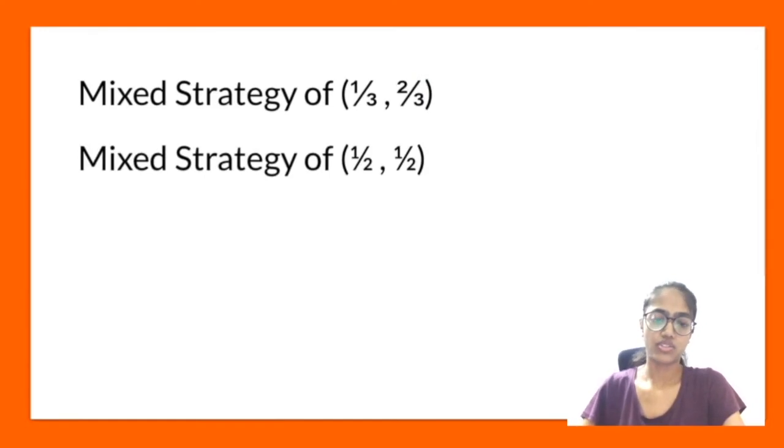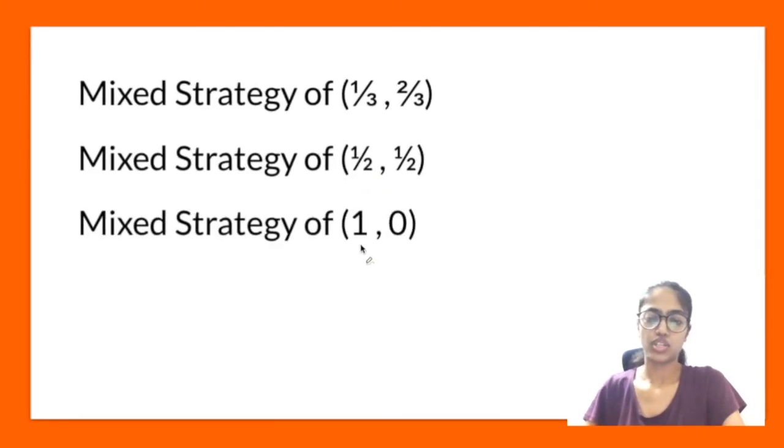The mixed strategy of 1/2 and 1/2 represents that the player is equally likely to choose both the actions. And the mixed strategy of 1 and 0 represents that the player chooses ballet with certainty. That is, he always chooses ballet and never chooses boxing.